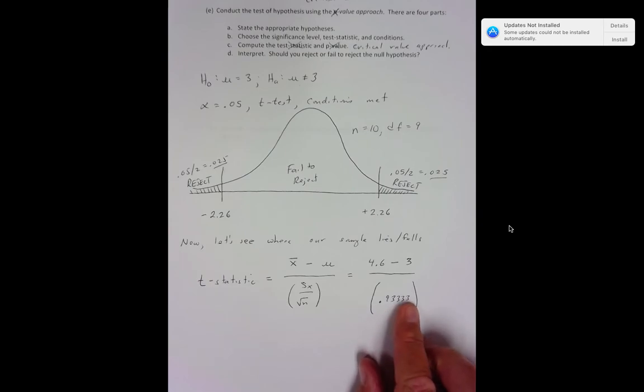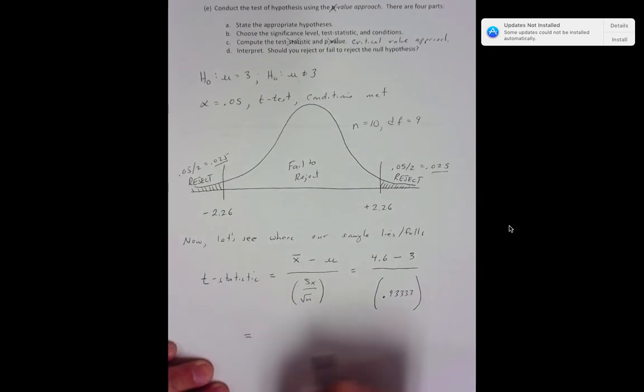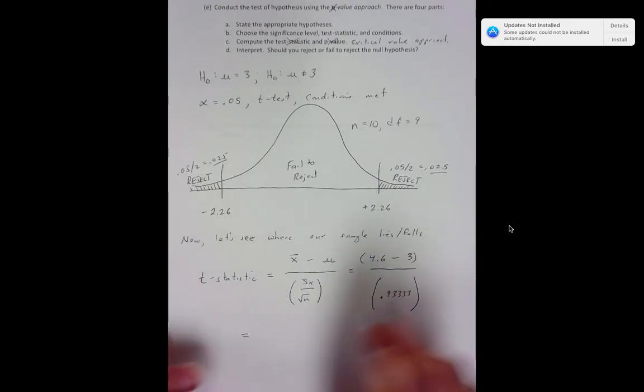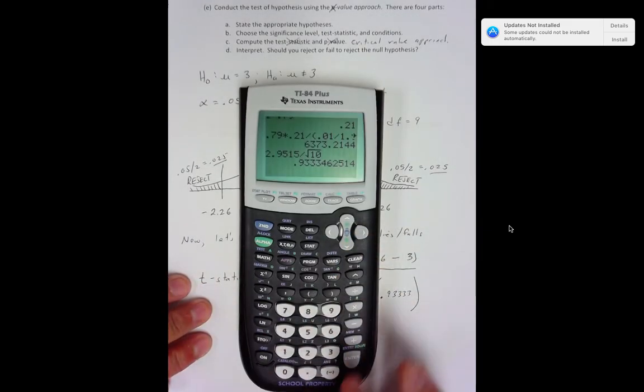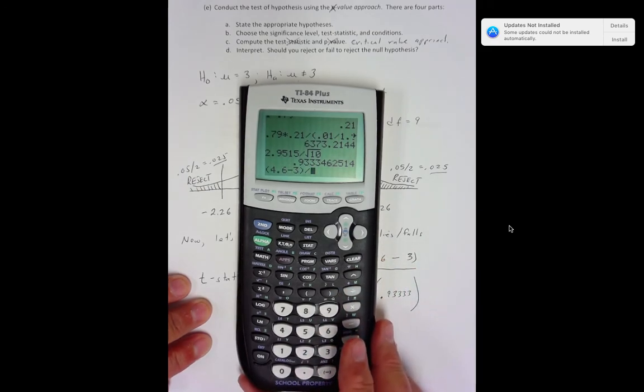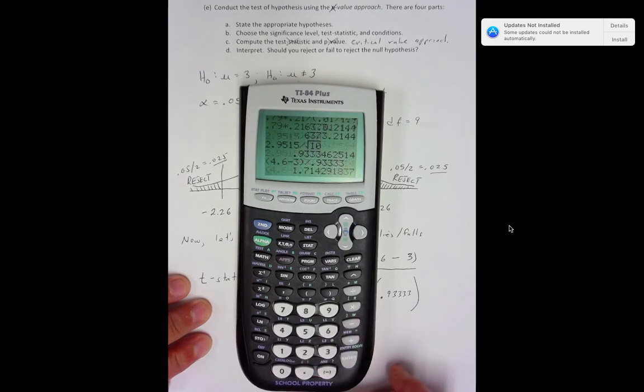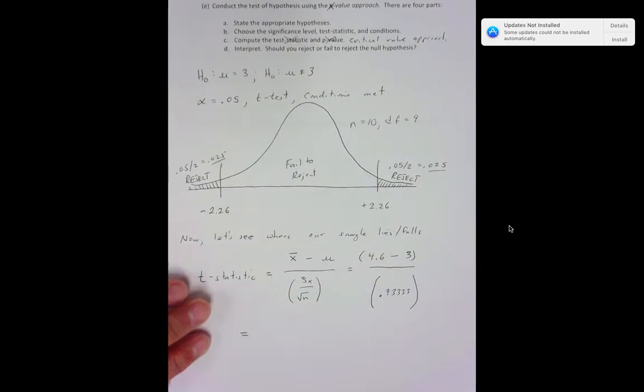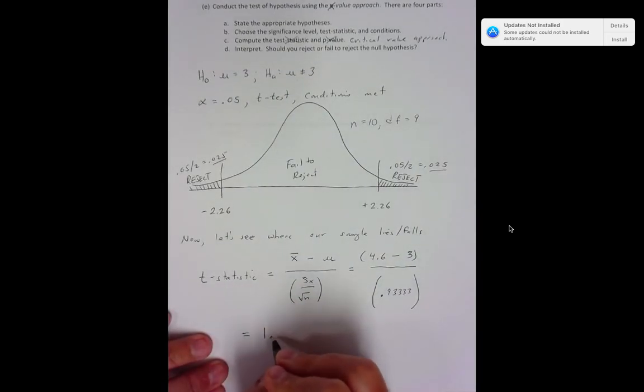I go 5 places for technical accuracy. So I have 4.6 minus 3, divided by 0.9333. My test statistic is 1.71, as we saw in the last video.